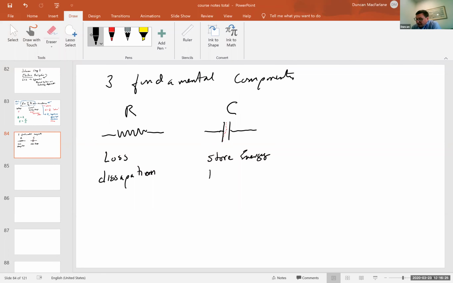So this has everything to do with potential energy. You can see that potential energy is a very broad concept, which is why the capacitance is also a very broad element.